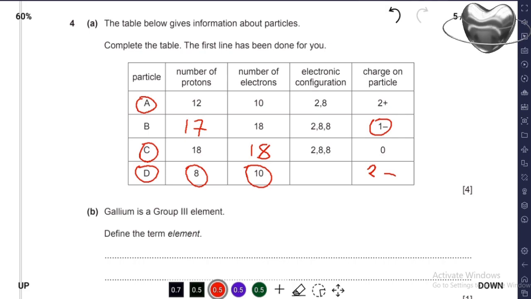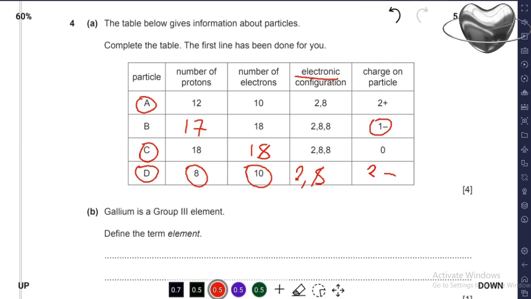Now, electronic structure, when we say electronic structure or electronic configuration, we talk about the distribution of electrons in their energy levels. Since the number of electrons increased, it means even the number of electrons in the outermost shell will increase. So we are going to say the first shell is going to have 2, the second shell is going to have 8.